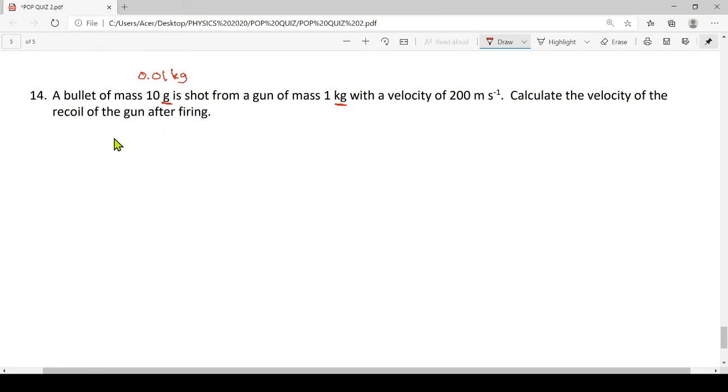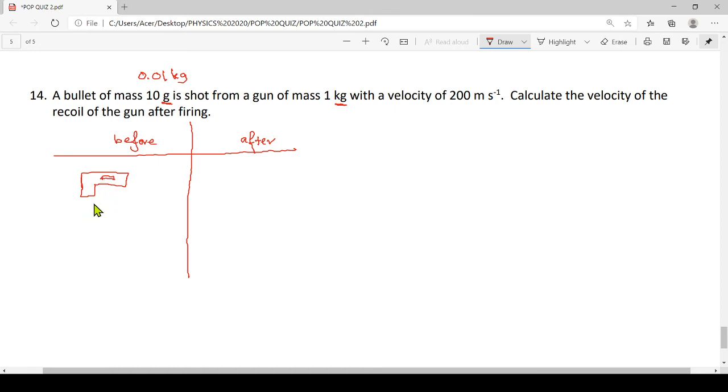So what happened before and what happened after. Before, I have my pistol, and inside here is my bullet.